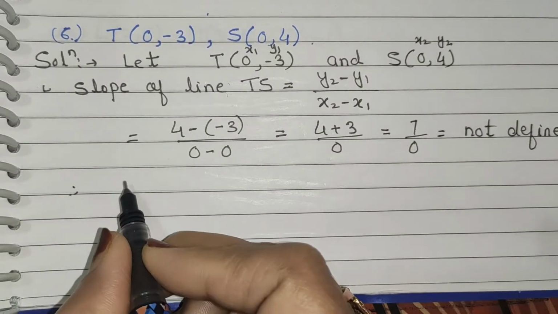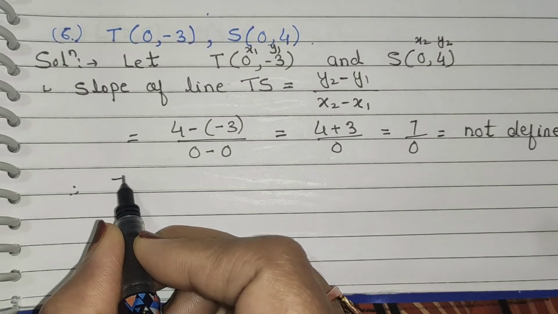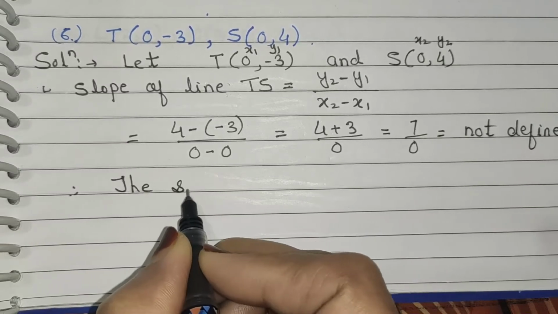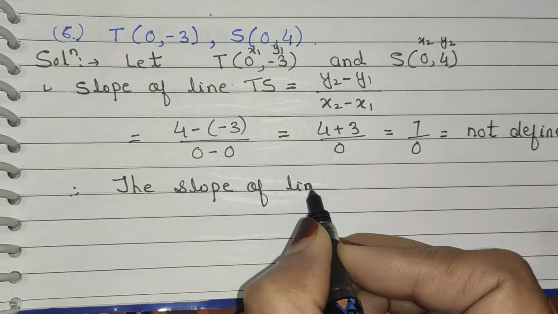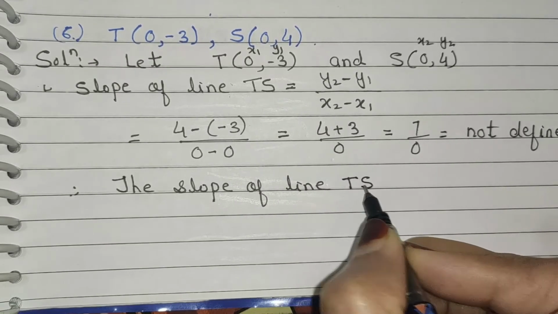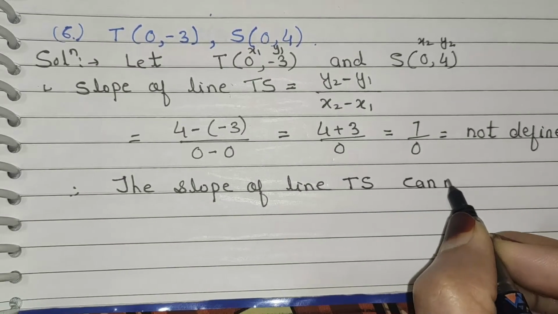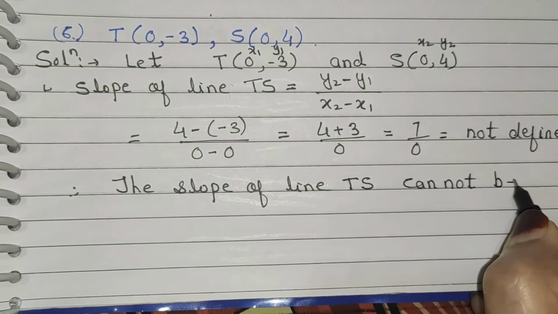Therefore, write down the answer here. The slope of line TS cannot be determined.